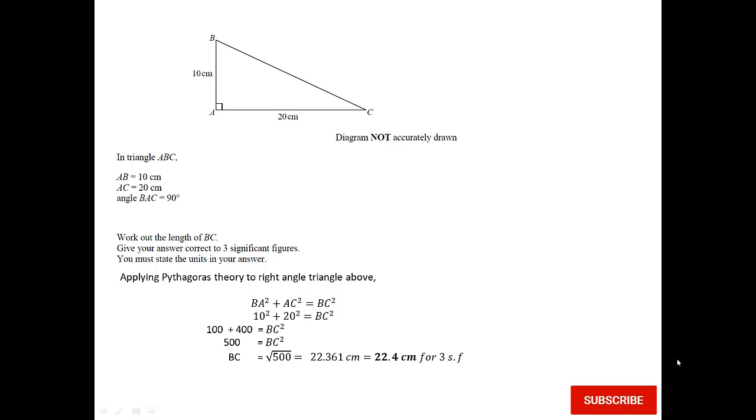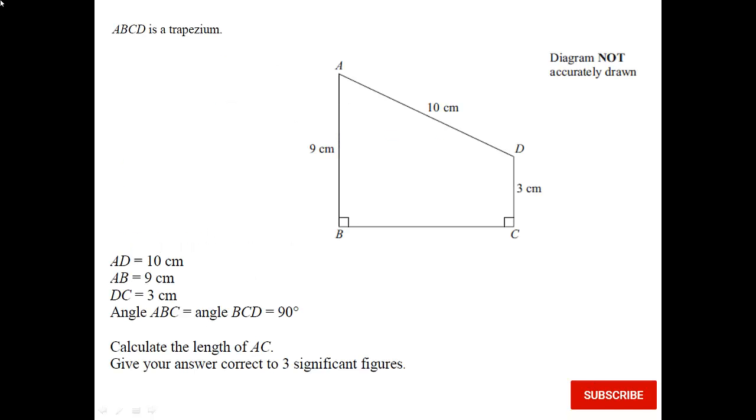Let's move on to another question. ABCD is a trapezium. Some dimensions are given for this trapezium. AD is equal to 10 centimeters. AB is equal to 9 centimeters. DC is equal to 3 centimeters.